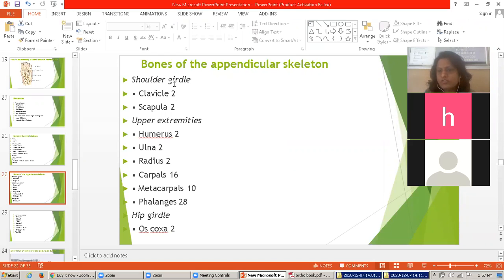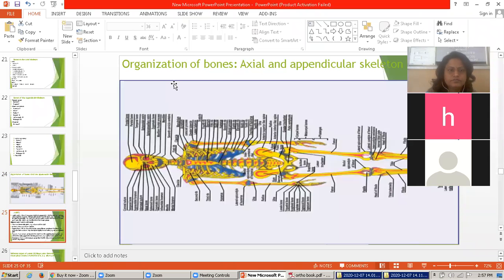So this is about the organization of the bones, that is the axial and appendicular skeleton.